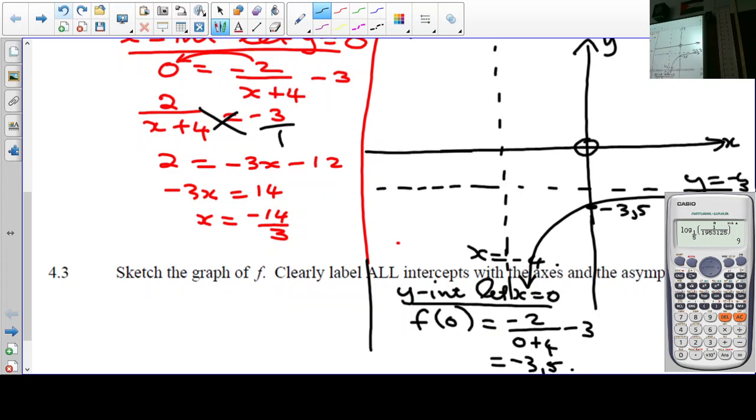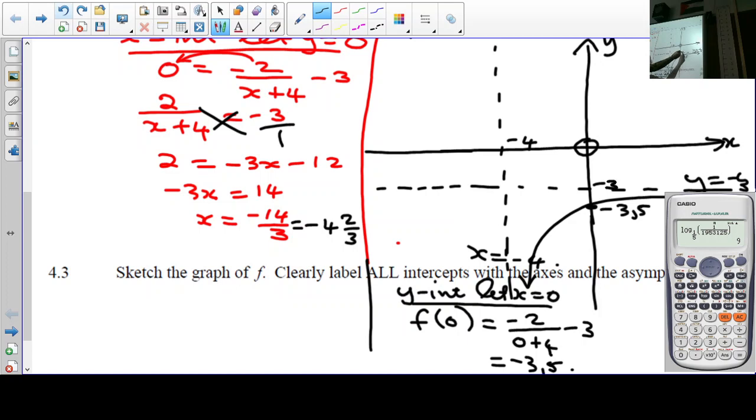it's going to cut your x-intercept at negative 14 over 3. Negative 14 over 3 is also negative 4 and 2/3. Is that correct? 12 is 4, so it's 2/3. Or negative 4.67. So if this is negative 4 here, this is your asymptote here, negative 4.